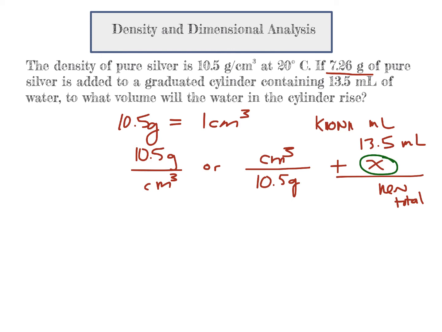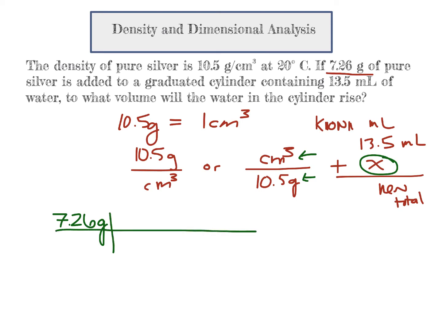So here's what I do. I'm going to write down my given number, 7.26 grams of pure silver, and then I'm going to see how I can change those grams into a volume amount. Using my density, I can change my mass into a volume unit. It's not the volume unit I'm looking for, but it's a good first step.